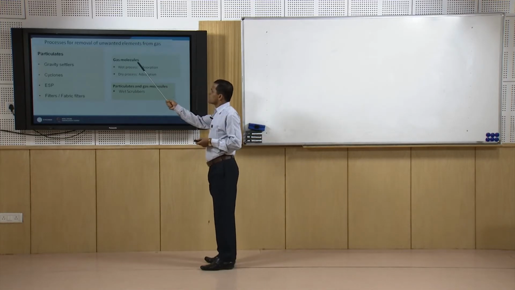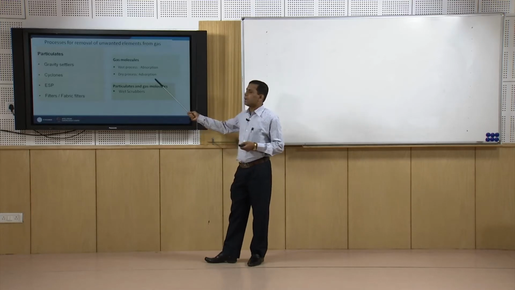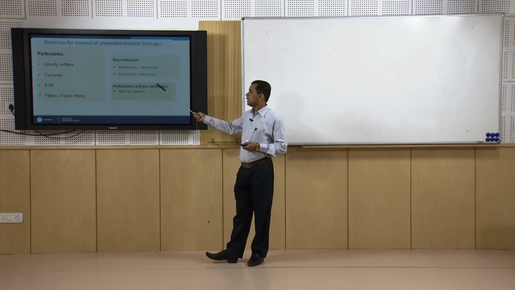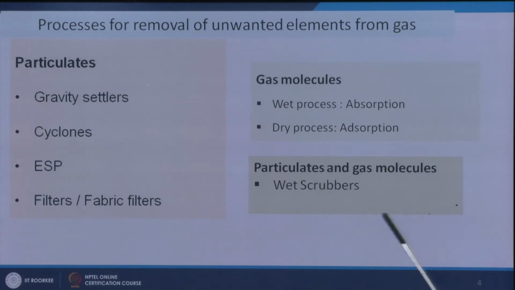For gas molecules, wet processes, absorption and adsorption based processes are used, and for particulates and gas molecules together, wet scrubbers are used. Wet scrubbers can remove both gas molecules as well as the particulates present in the gas stream.